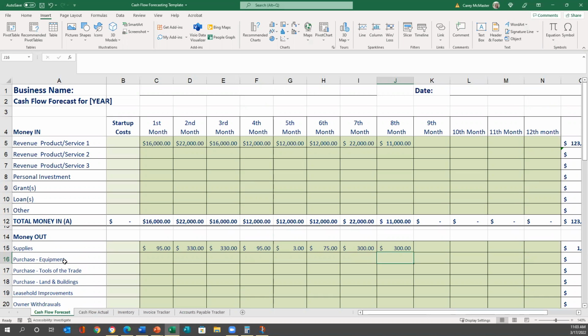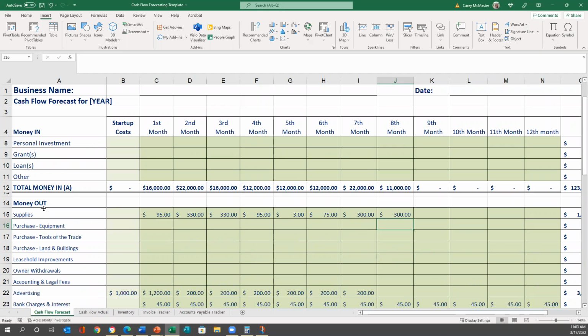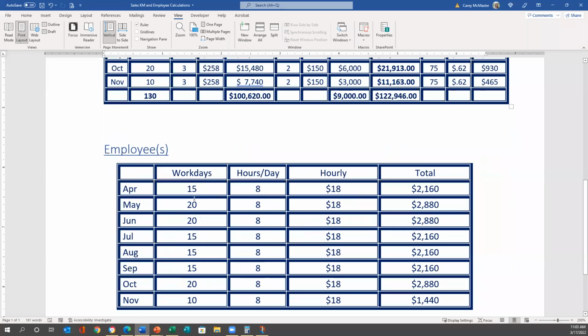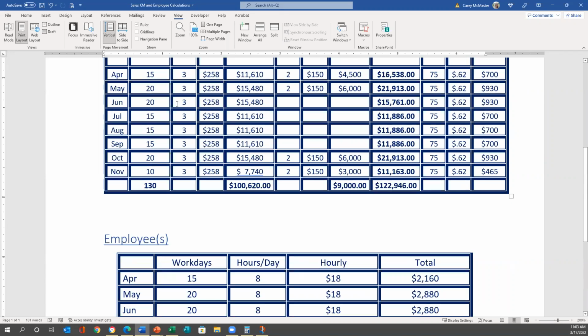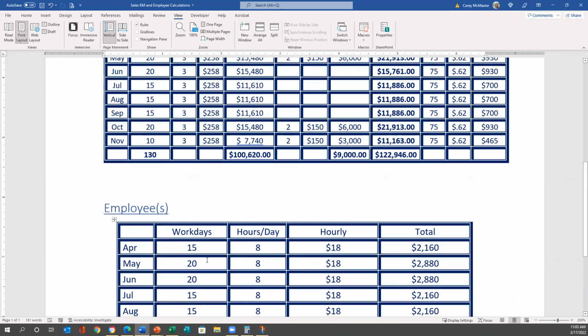Okay, so I'm not going to get into the equipment just yet, but I know based on my sales, I'm going to need an employee. So when I go back to my business plan, I can take a look at the days that are being worked and how many hours are being worked.